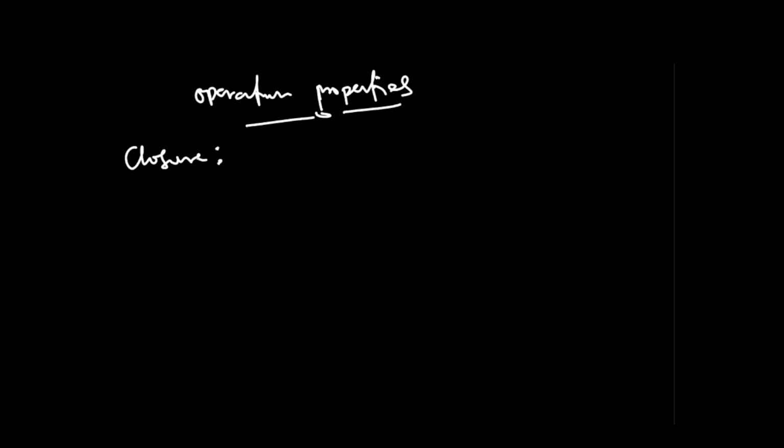Like if I have an odd number, if I combine odd number and odd number, then if my result is an odd number, then I can say that it is closed.